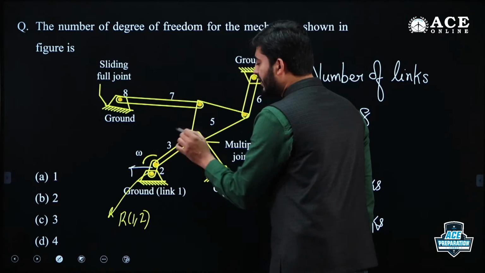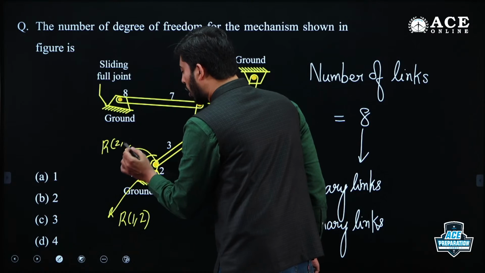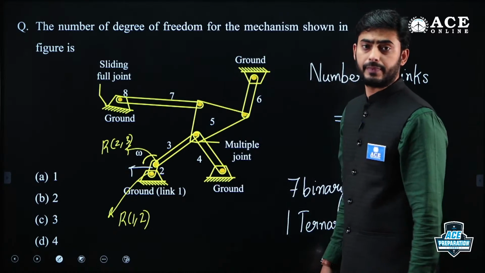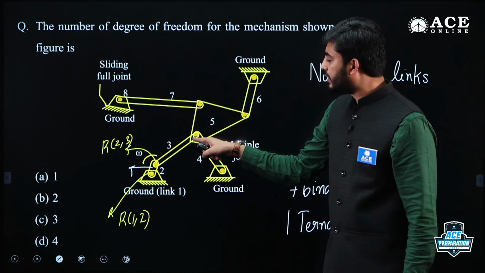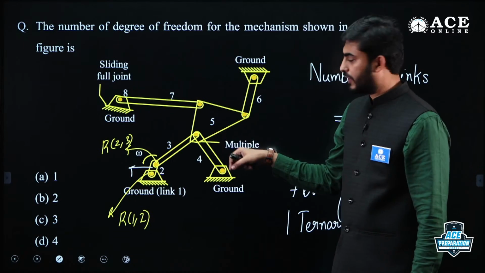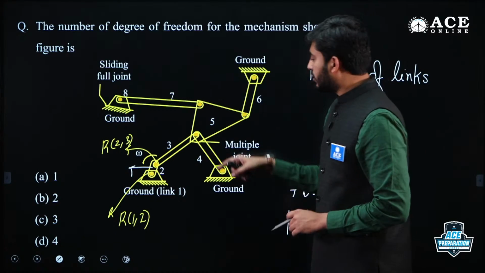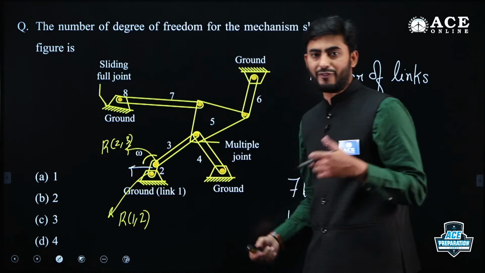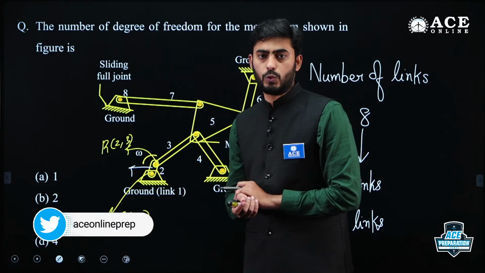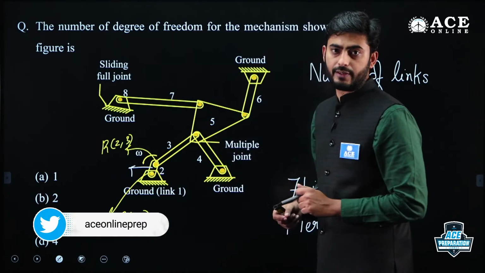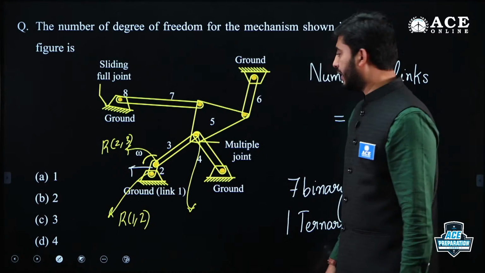Similarly, at 2 and 3, there is another revolute joint, that is R2,3. Similarly, at this node, which is connecting link 3, link 5 and link 4 together, you will find 3 links present. 3 links can be joined with the help of a ternary joint. A ternary joint is equivalent to 2 binary joints. So I will write there will be 2 binary joints.